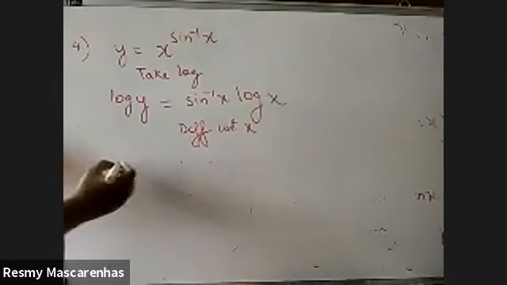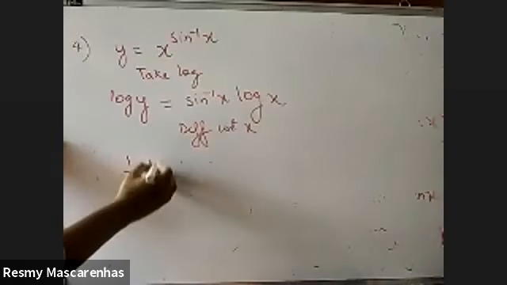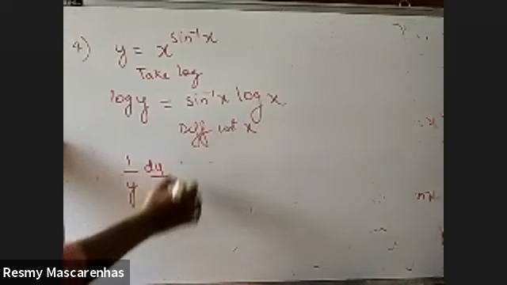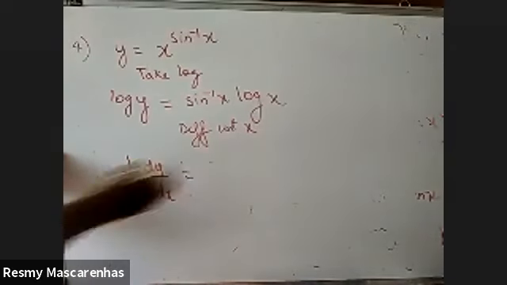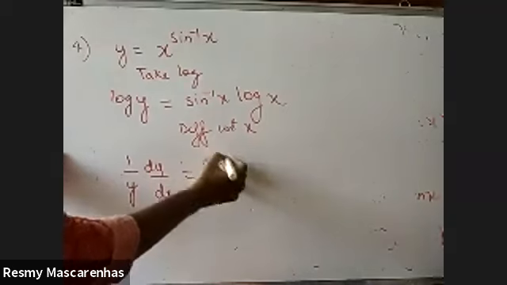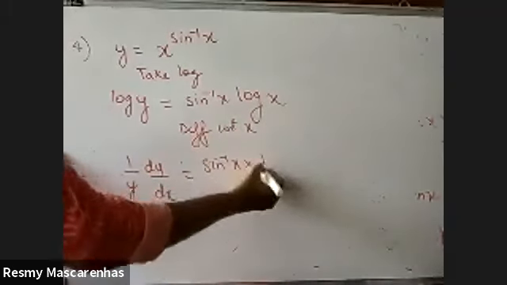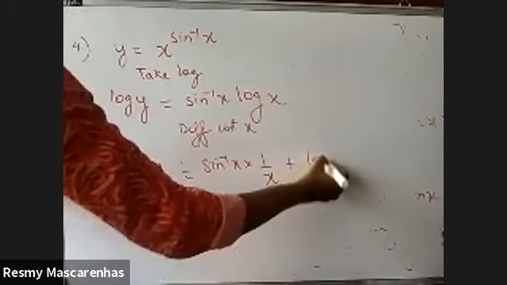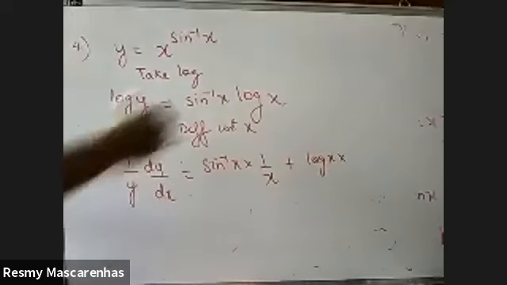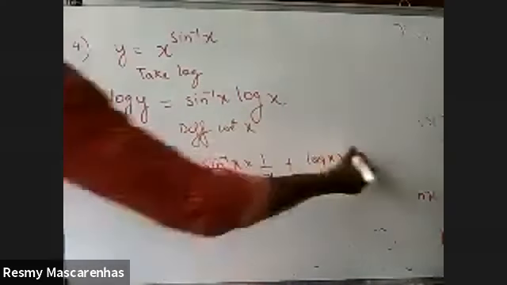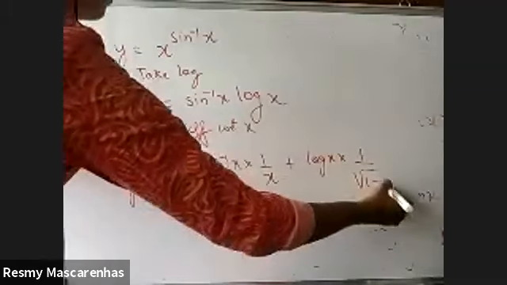So it will be 1 upon y dy by dx, u into derivative of v plus v into derivative of u. Sine inverse of x will be 1 upon root of 1 minus x square.